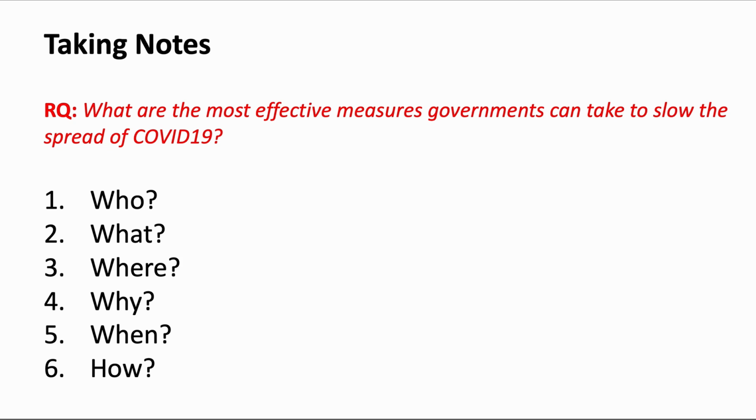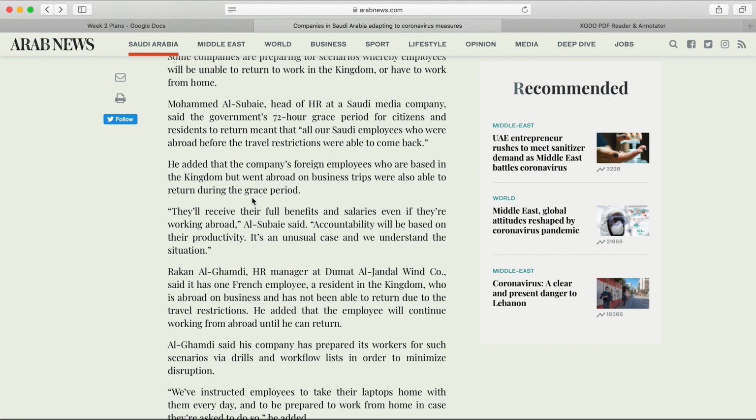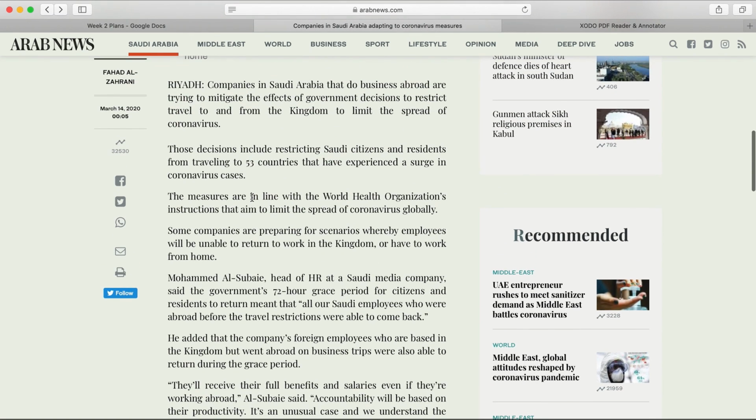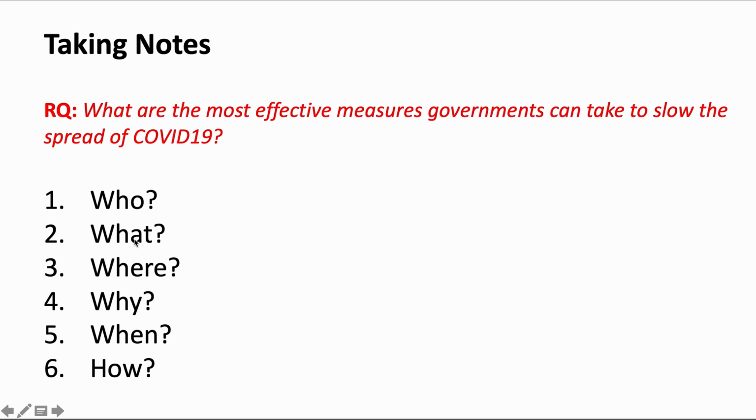Second question, what? What are the measures? What are the companies doing? What is the government doing? Some companies are preparing for situations where employees have to work from home. That is answering what?